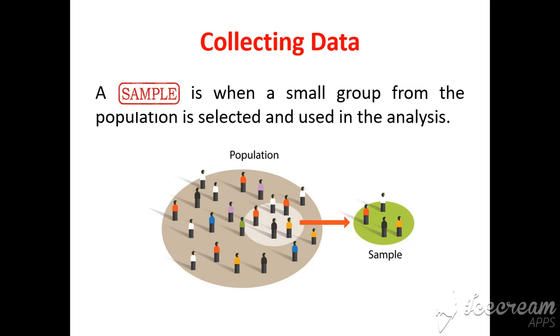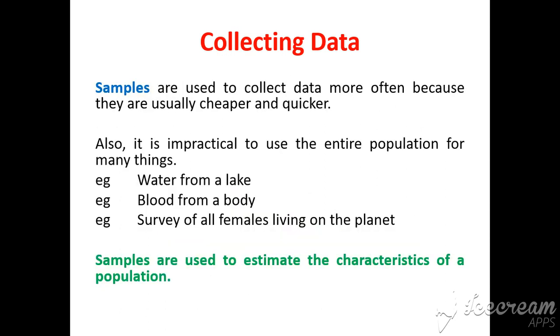Okay, next keyword. A sample is when a small group from the population is selected and used in the analysis. So instead of using the entire population for my analysis, I take a sample, a small group, and use them for my analysis instead. Now, samples are used to collect data because more often than not, they are cheaper and quicker.